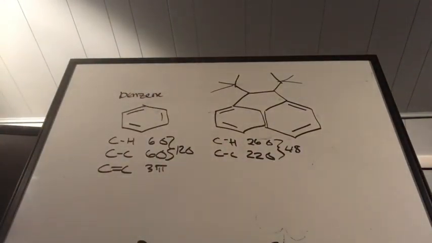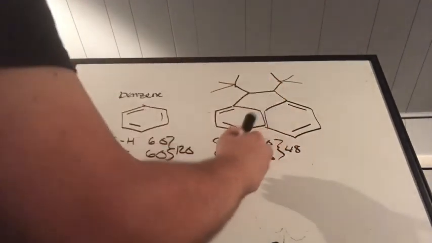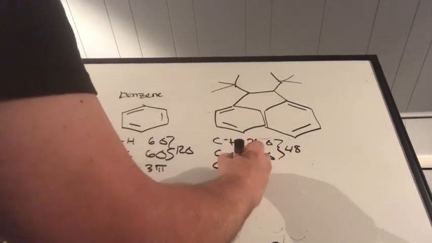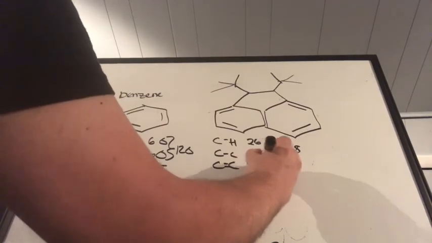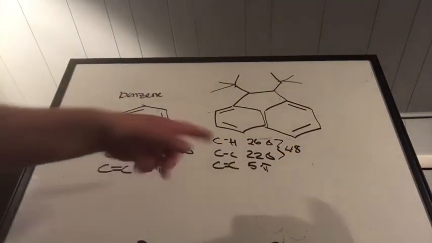Okay. And then how many pi bonds? 1, 2, 3, 4, 5. Okay, so 48 sigma bonds and then 5 pi bonds.